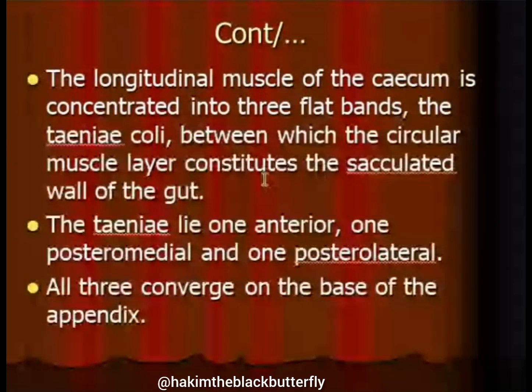These 3 bundles of longitudinal muscles known as the tinea coli: one is anterior, another one is posteromedial, and another one is posterolateral. So these two are posterior, but one is medial, one is lateral, and one is anterior.